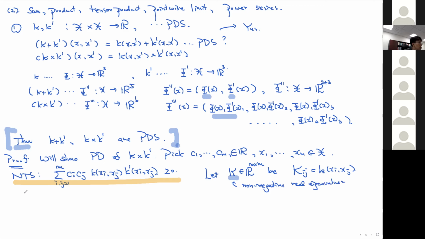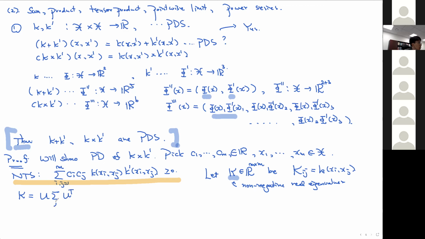K has an orthonormal matrix U, whose columns are eigenvectors. Orthonormal means U and U transpose, if you multiply them, give the identity. Then there is a diagonal matrix sigma, and then U transpose, so K has this form.